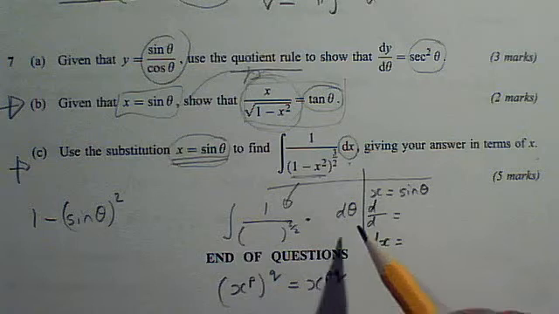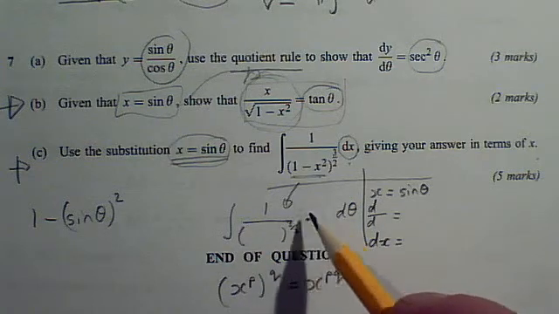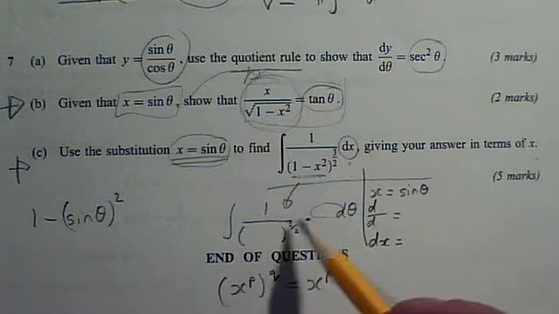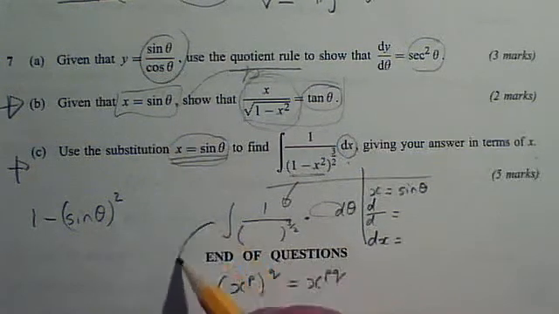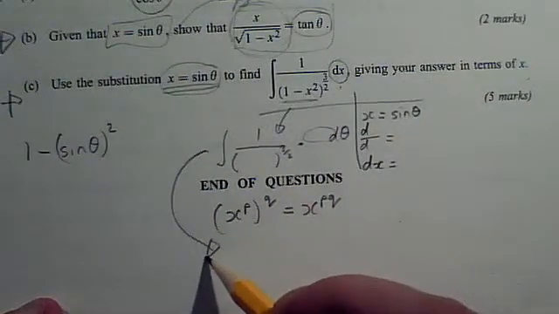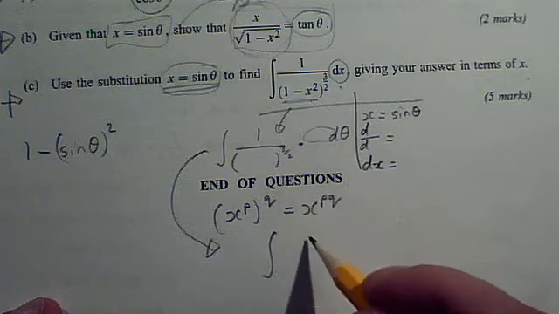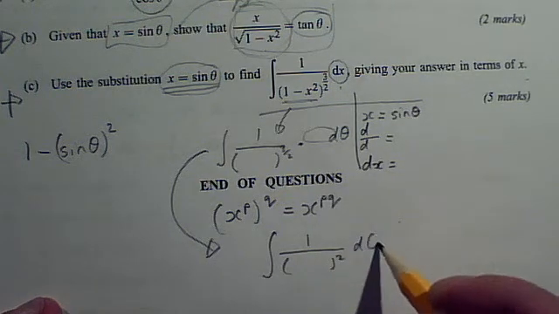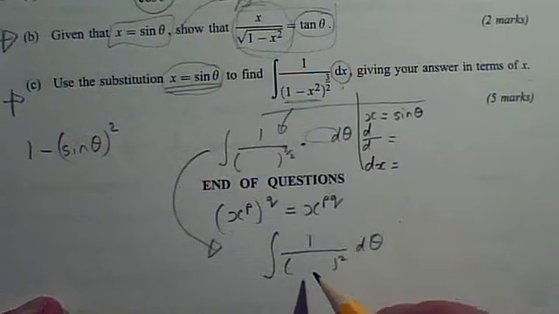So you need to use that, you need to use the fact you've got something on the top here, and there's some cancelling that happens. So when you do that carefully, what you're aiming towards is the integral of just 1 over, it'll be something squared, d theta, where this is in terms of theta.